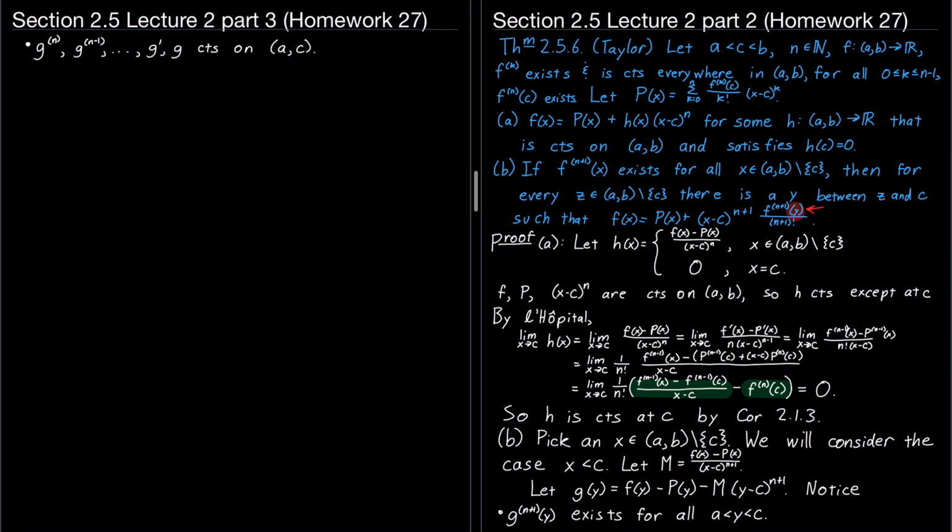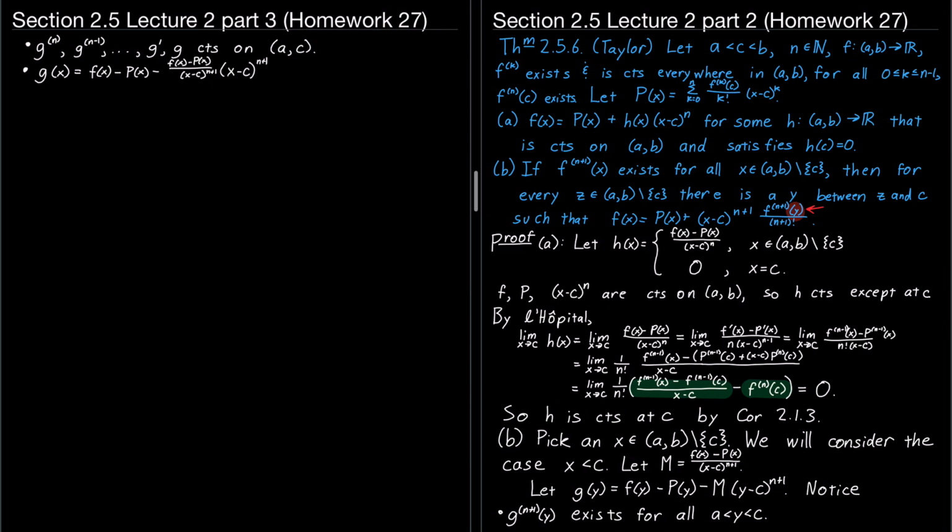All right. Next thing I want to bring to your attention, what is g of x? G of x is f of x minus p of x, and then we subtract from that our constant m, which was f of x minus p of x over x minus c to the n plus 1, and then we plug in x for y, we get an x minus c to the n plus 1.